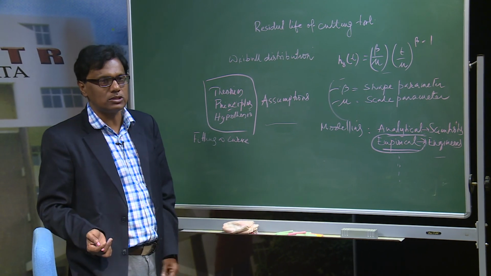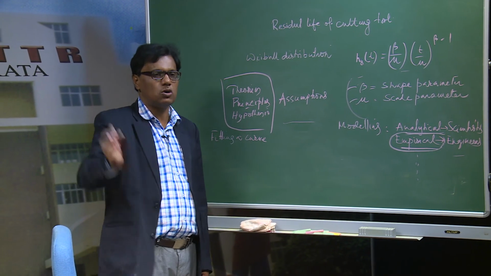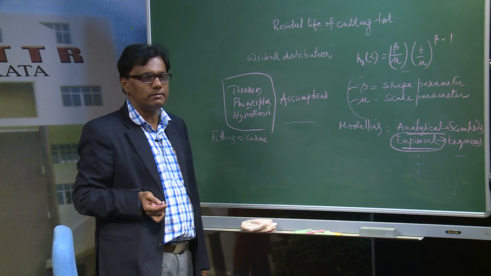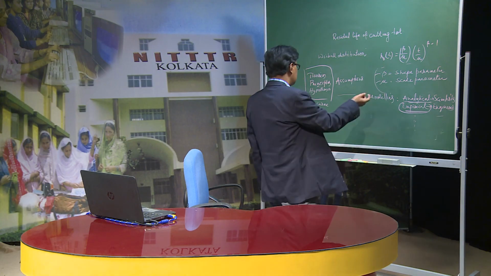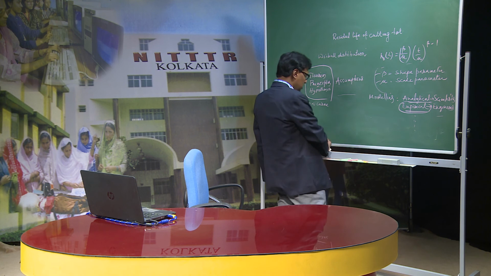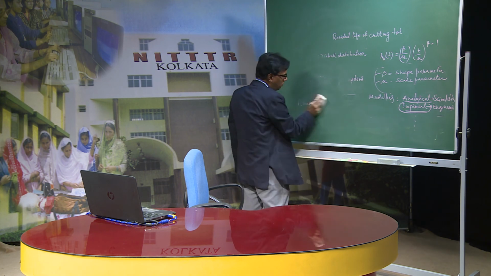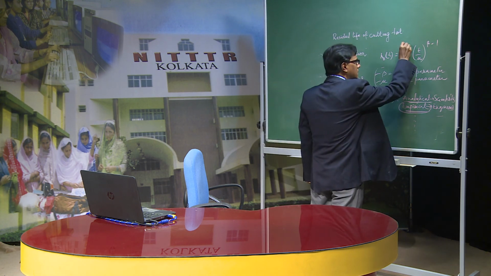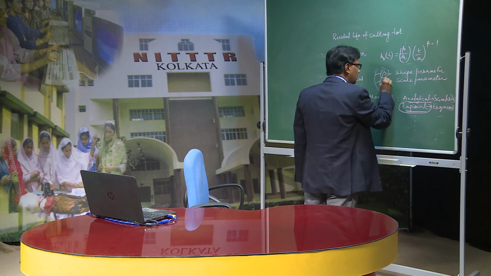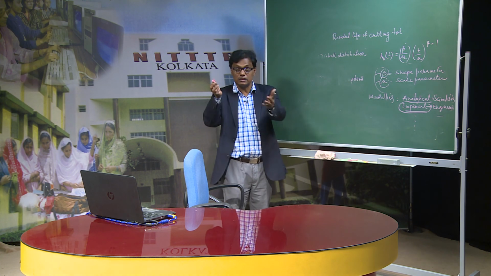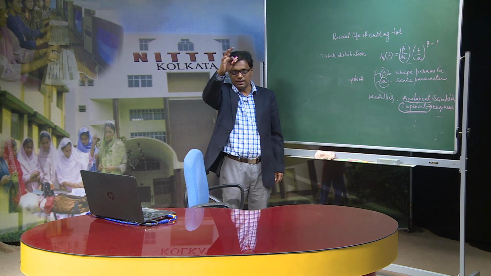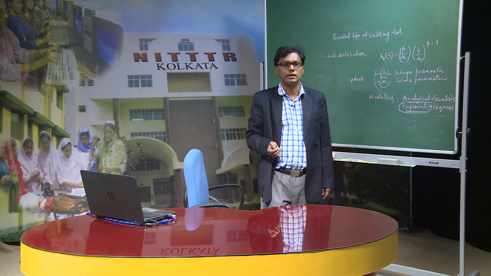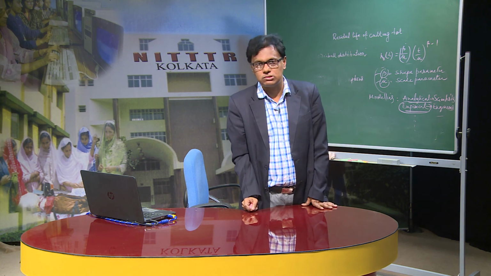I do not know what the distribution of the output data is. That is why this type of flexible curve, the Weibull distribution, is taken. So to compute the residual life, these particular values are computed from the distribution, so that we find out the nature of the tool wear in the cutting tool from the distribution.